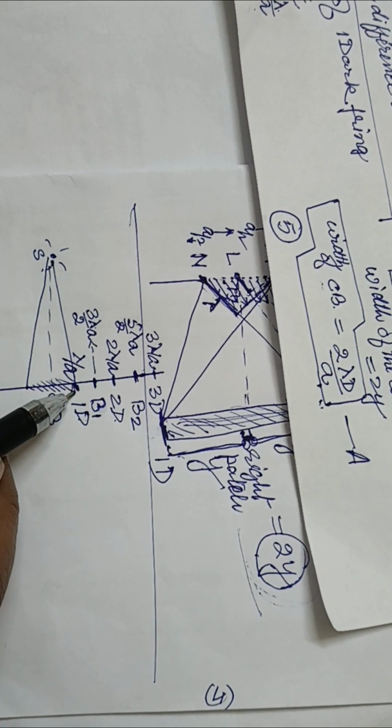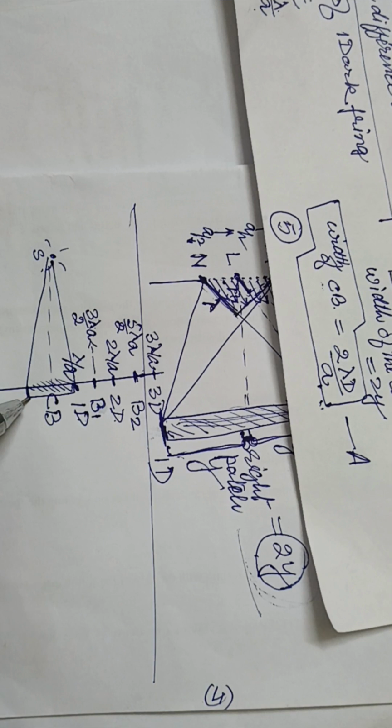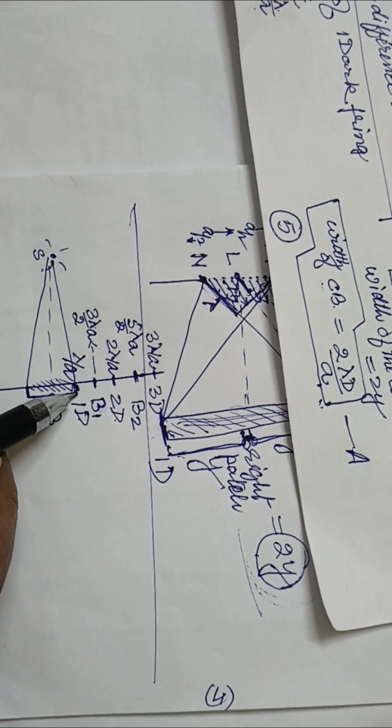Here is the central bright, and after the central bright, first dark you are getting at lambda by a.